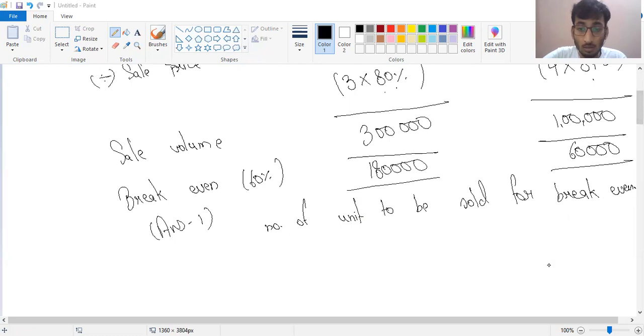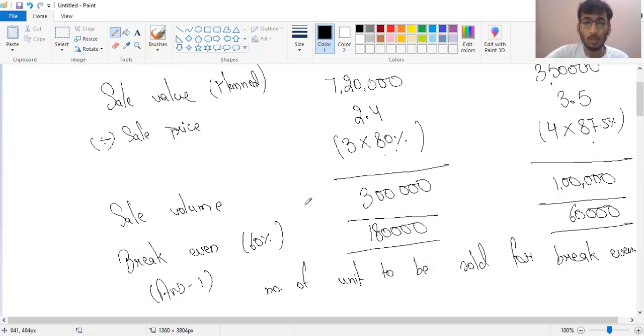Okay, so this is the first point, and there's a second part as well, the total number of units of splash and flash to be sold during the year. We have calculated it: the total number of splash and flash to be sold during the year is 3 lakh and 1 lakh. Okay, so the first point is done.